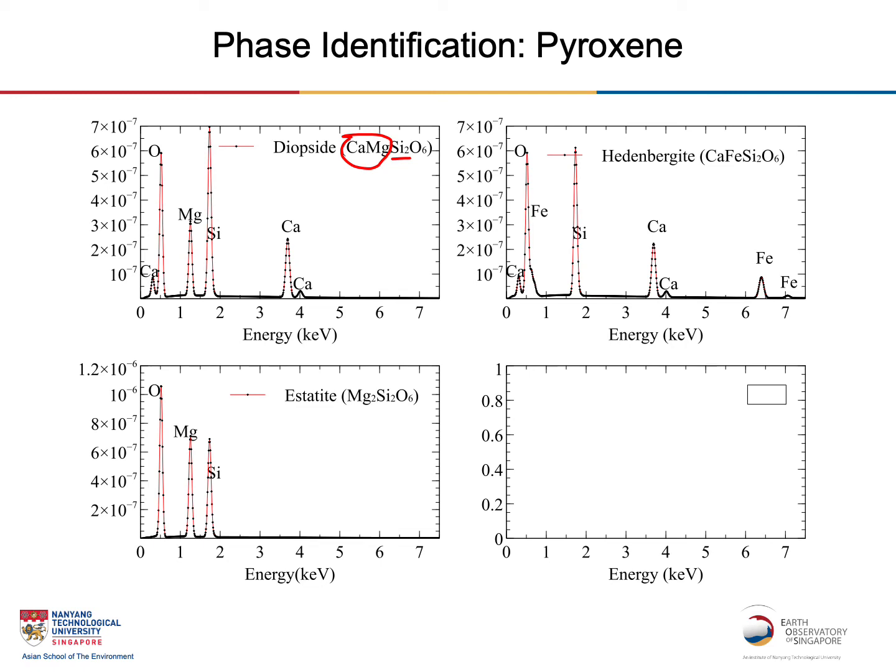The number of cations is almost the same, and since the M site is split between the 2 cations, we'll see most of the time the silicon peak is higher than the metallic cation peak.